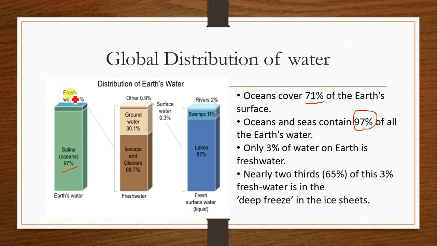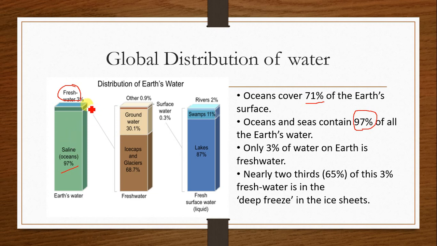So we have 3% left, and this 3% is what comprises fresh water on Earth's surface. So we have 97% saline or salt water and 3% fresh water.